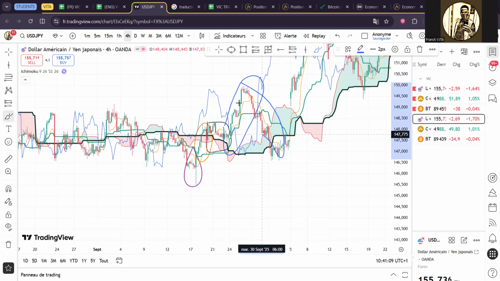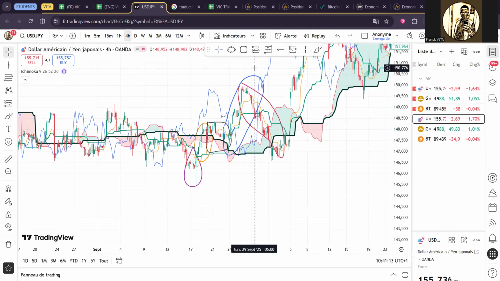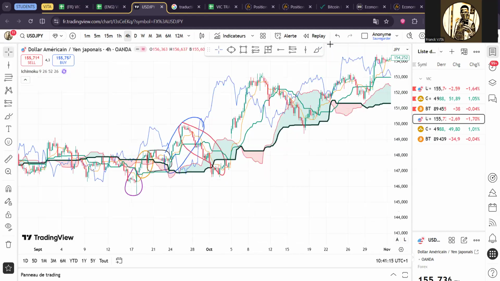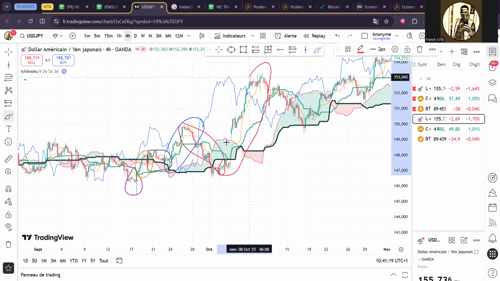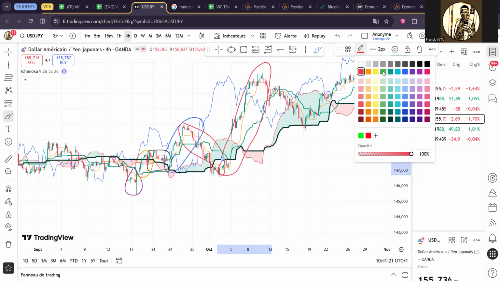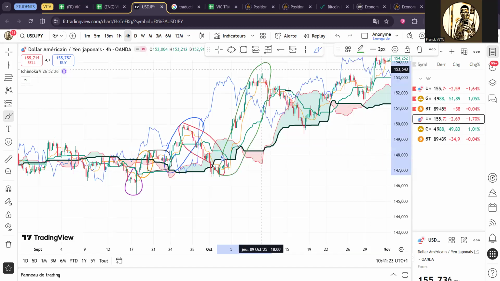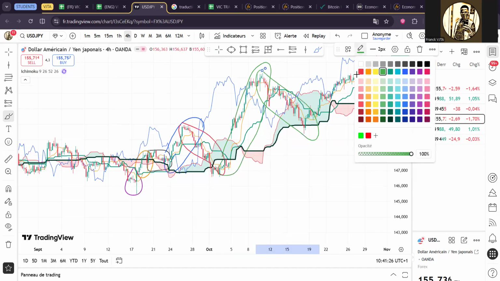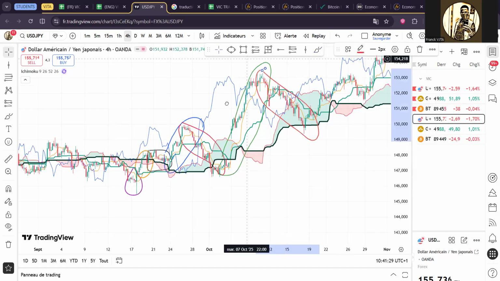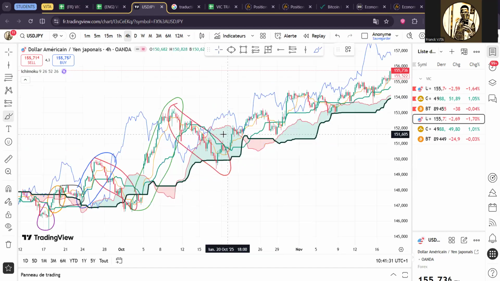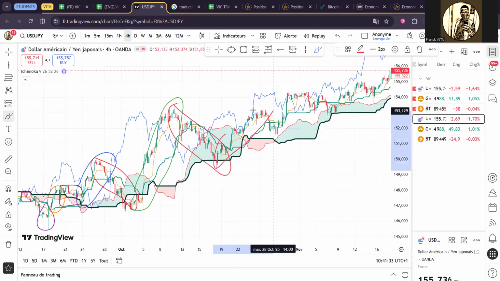Then you have here the correction, right? Then you have what? Push trend. Then the correction number 2. Then you get what? Push trend number 2.